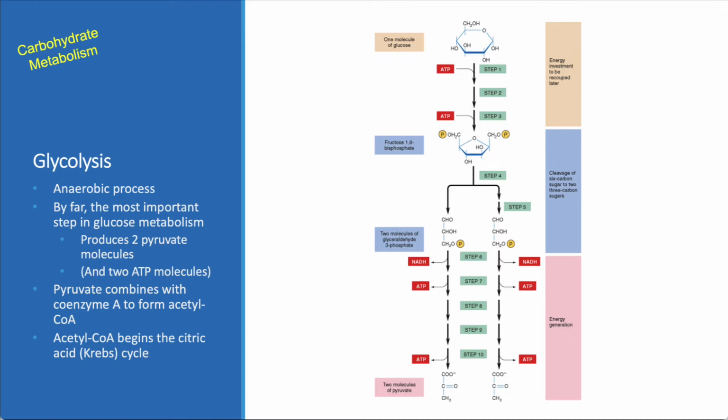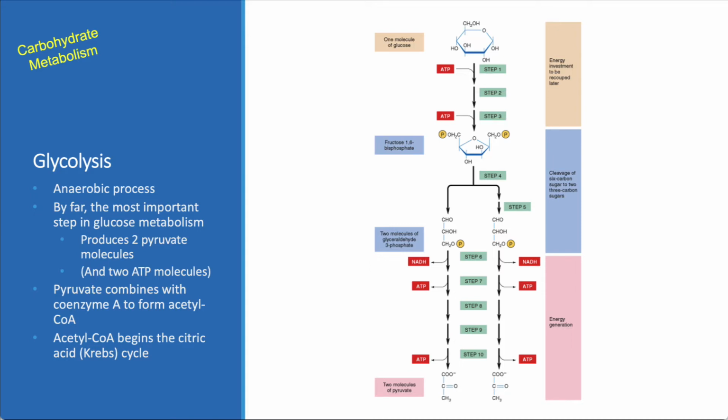So the first thing is that when glycolysis happens, it produces two pyruvate molecules and two ATP molecules. That's not very much, right? Remember that the Krebs cycle makes a whole bunch more, but we do get a little bit of energy out of the initial process of glycolysis.